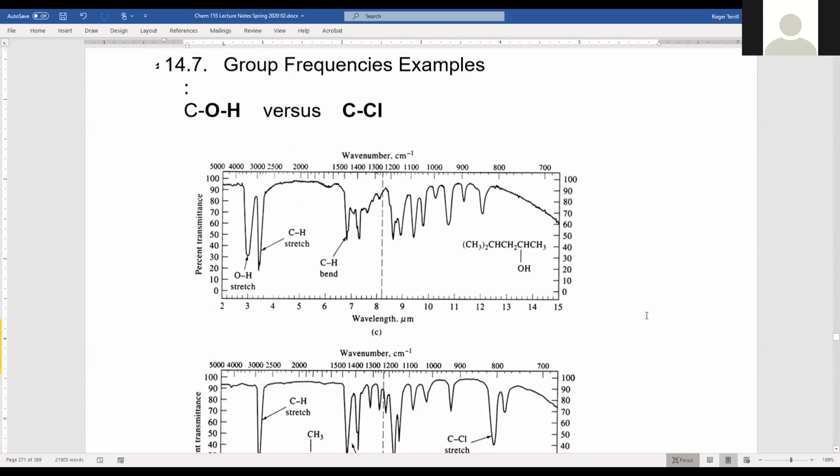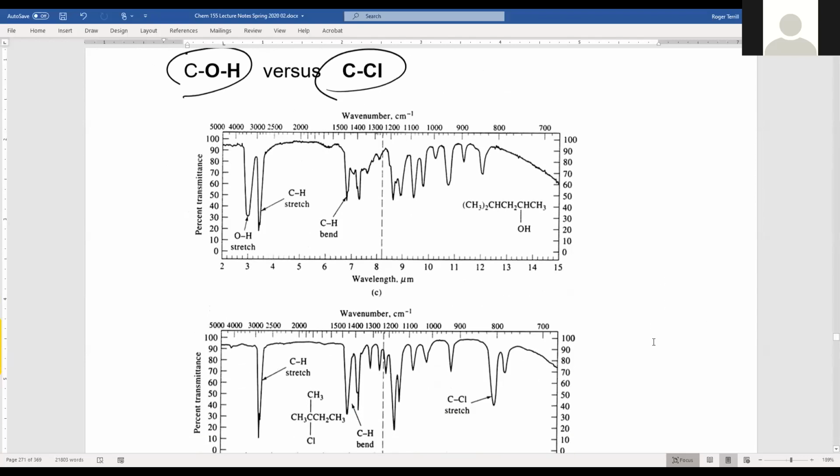Okay. So now let's talk a little bit about the types of bands we're talking about, which are group bands. We're picking off a part of the molecule and saying that even though each absorption band involves the entire molecule, there's something in these groups that always has a frequency close to a certain region.